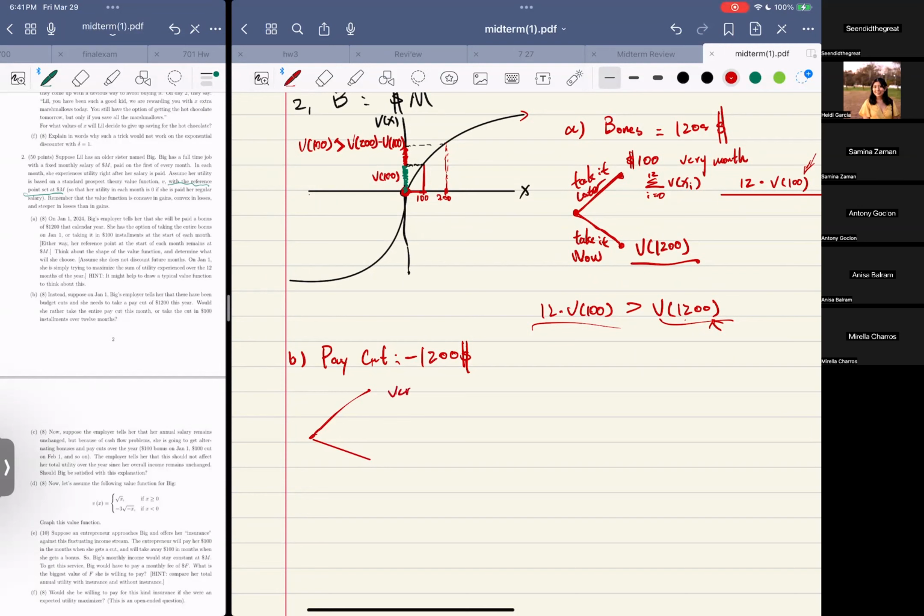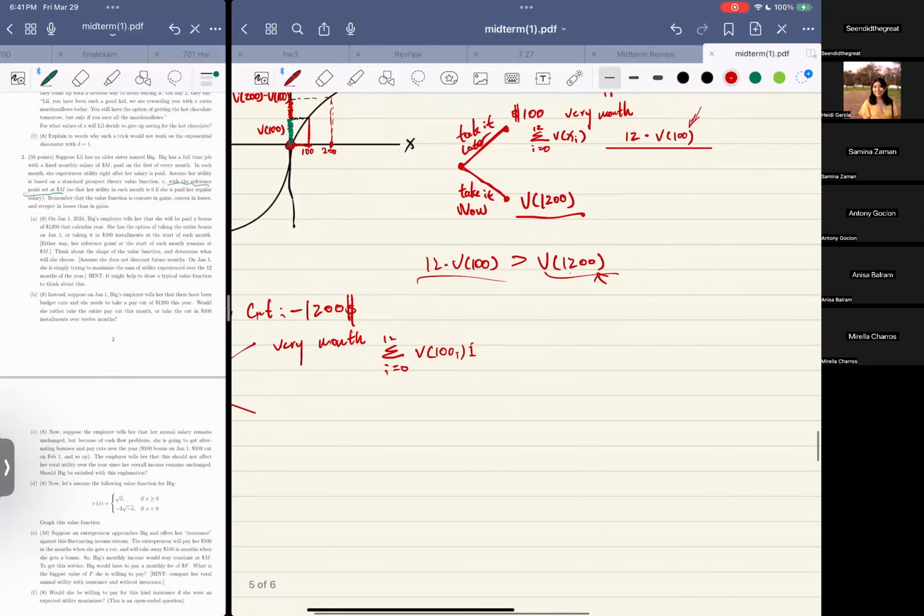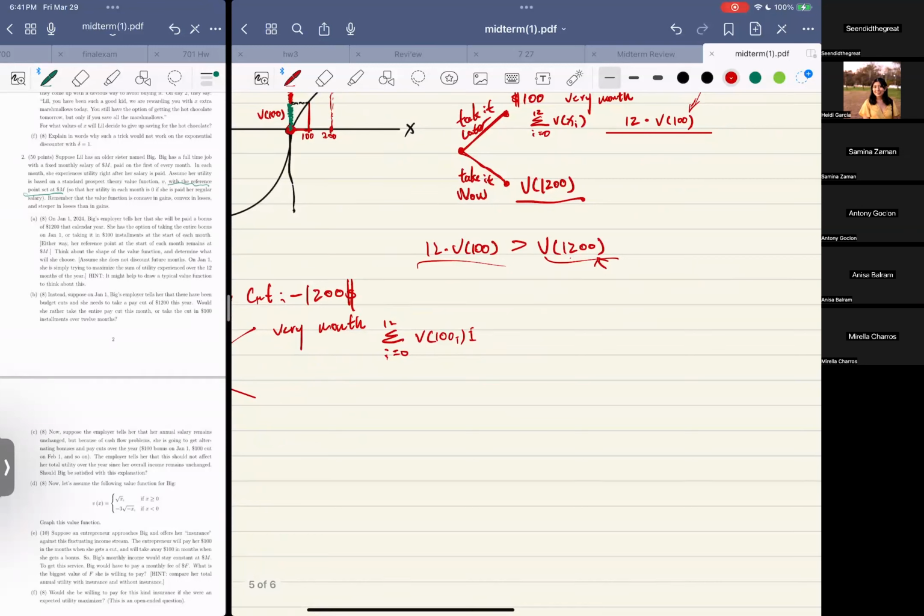Every month, the sum of i equals 0 to 12 of V of 100, with the i in the box, which equals 12 times V of negative 100.